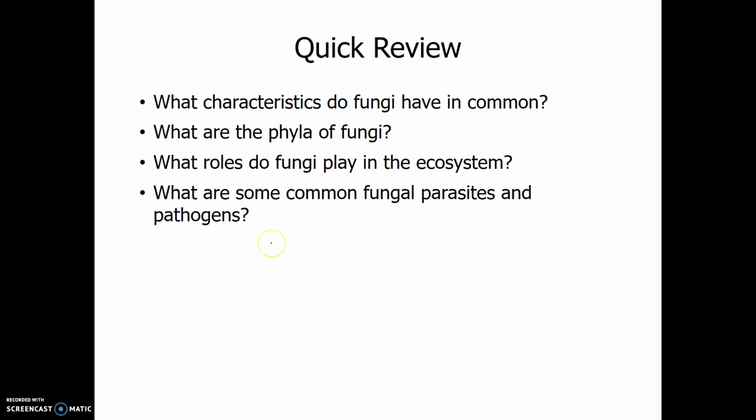And just remember that pathogens are disease causing. So a pathogen wouldn't be something that causes an allergy. Allergies to molds and mildews, the molds and mildews are not pathogens. A pathogen is disease causing. So ringworm is the name of the disease, but the fungus that causes ringworm is a pathogen.